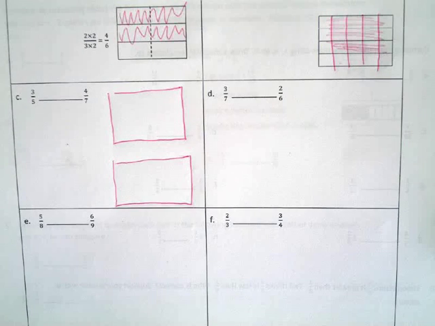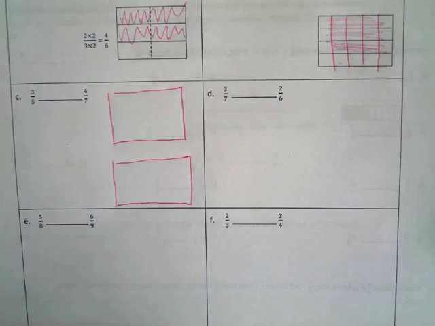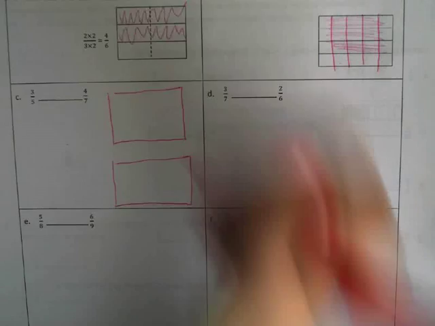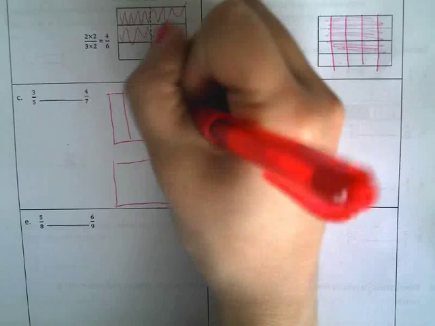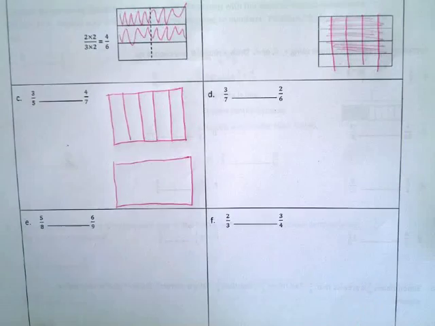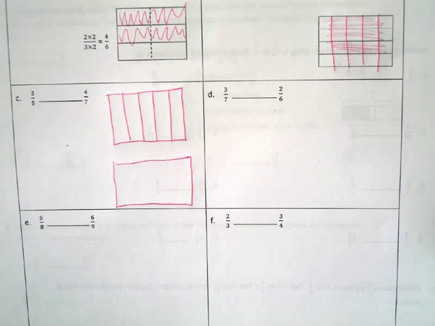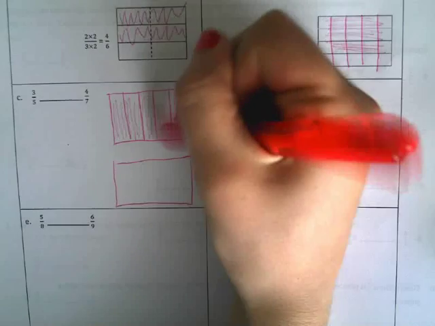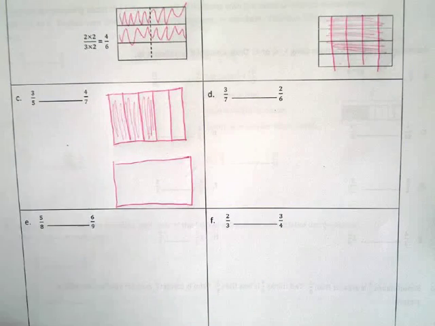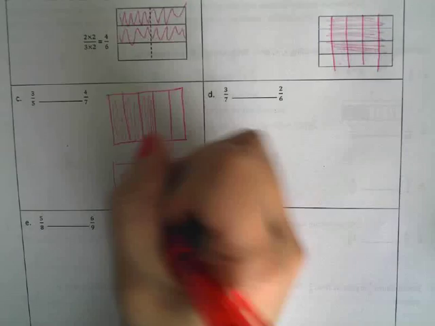All right, now I'm going to cut my first one into how many pieces? 5. I'm going to make this one cut vertically. It doesn't matter as long as the other one's opposite. And I'll shade in how many of my 5ths? 3. 1, 2, 3.